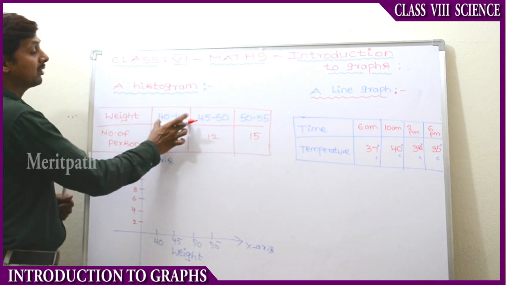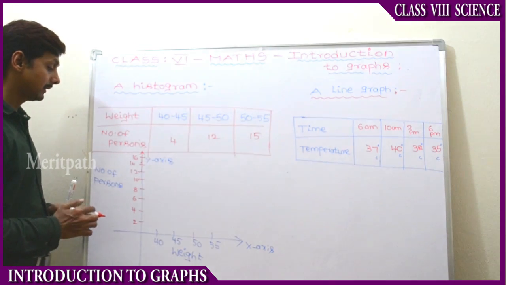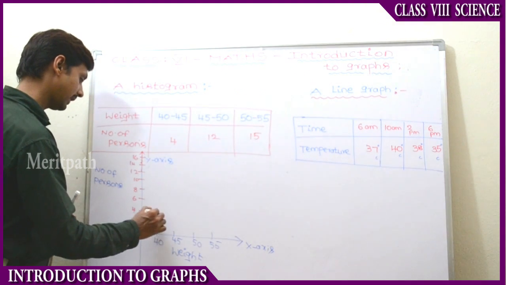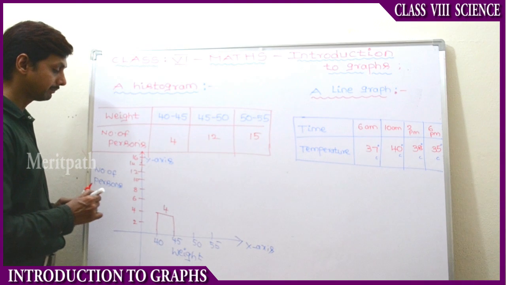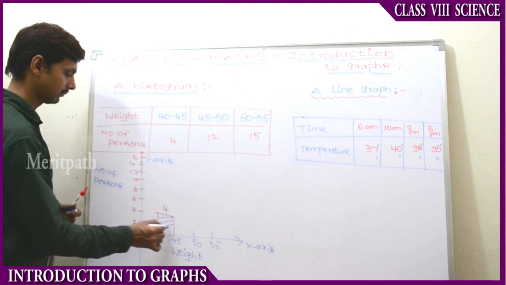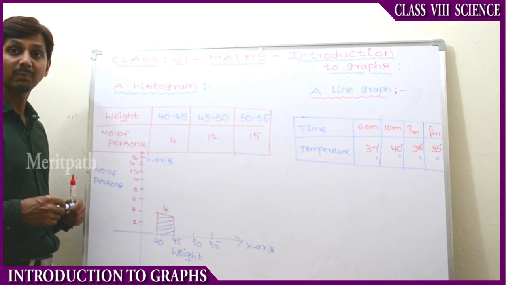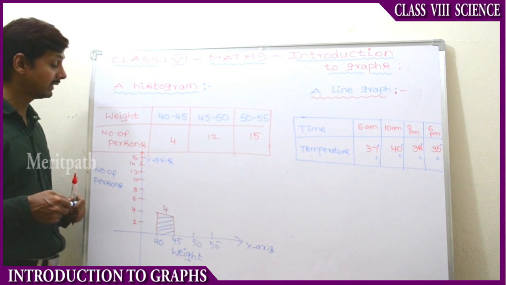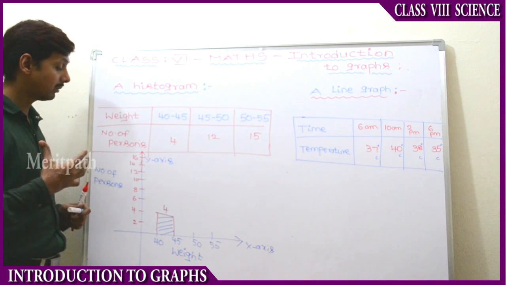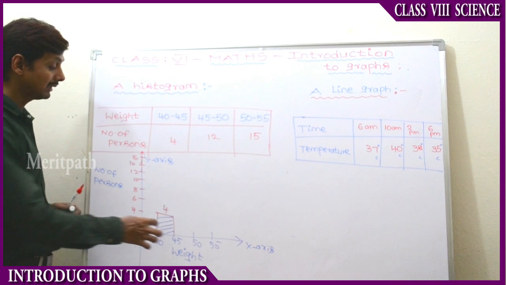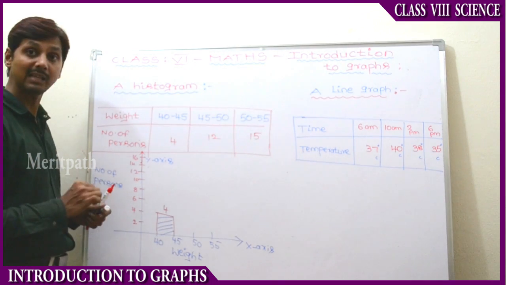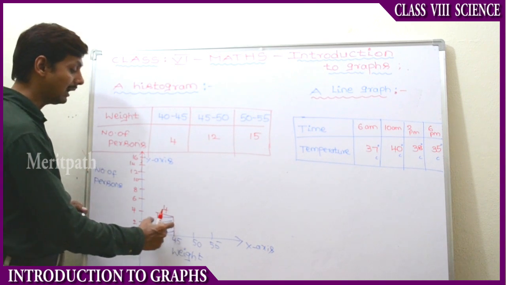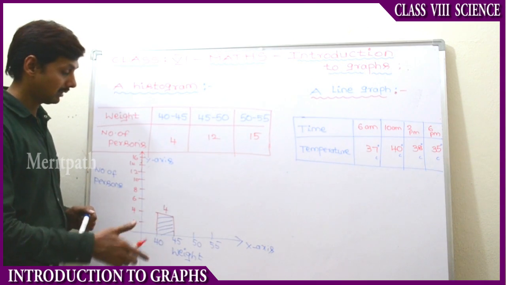So from 40 to 45 there are 4 persons which we need to take. And between the intervals, we take one interval over the other, so that there is no gap between the intervals. Immediately after the bar we will take the next bar.